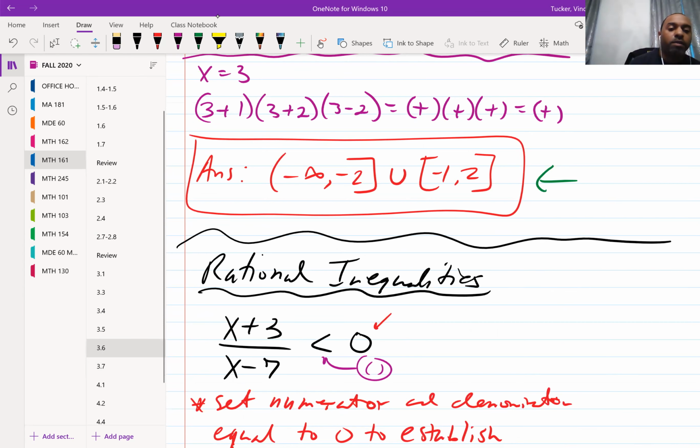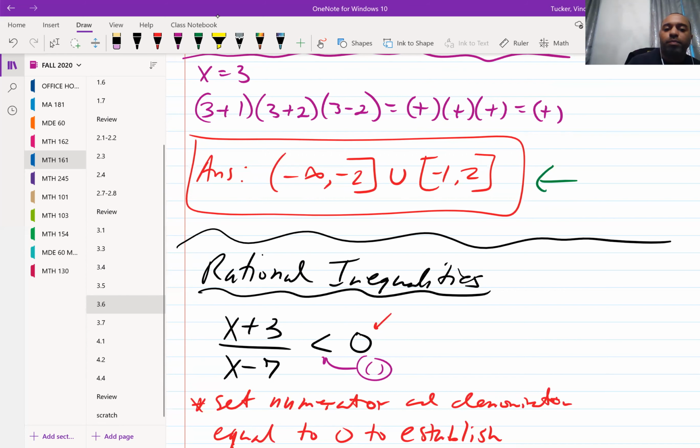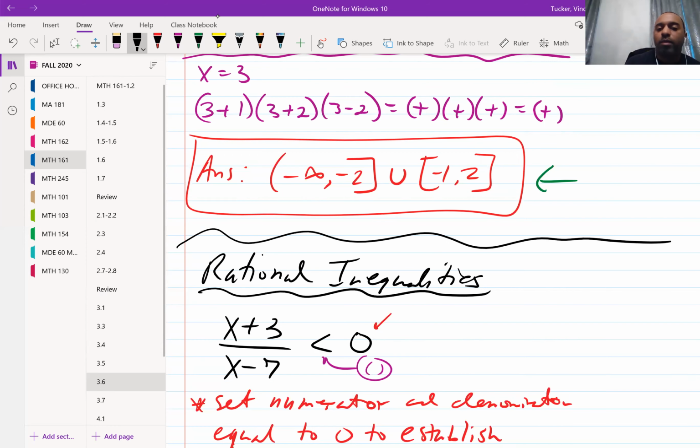Then we'll do 3.7, and we'll be done with chapter 3, because I'm not going to jump from 3 to 4 next class. So we'll finish off this section, and then we'll do 3.7. And then we'll talk about how we're going to flow before we go into chapter 4.